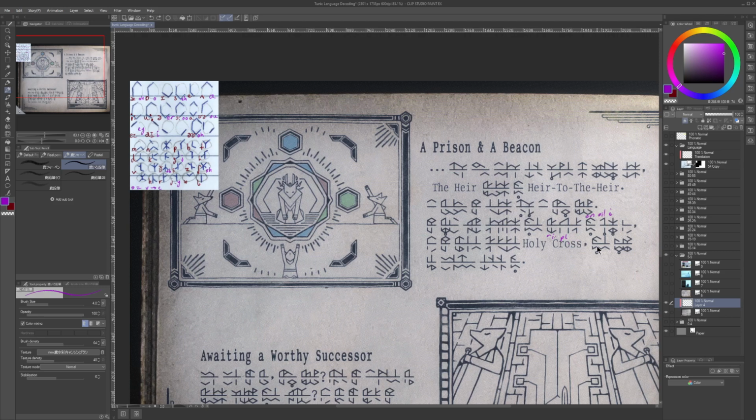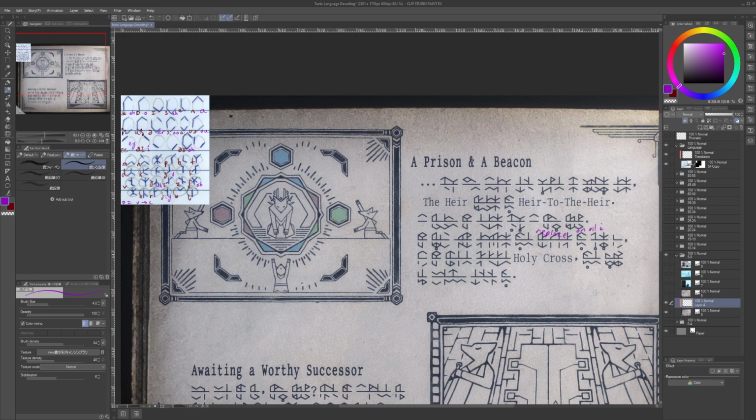Replace, probably. Replace. This is and. The air to air something something.